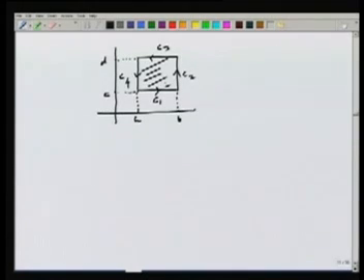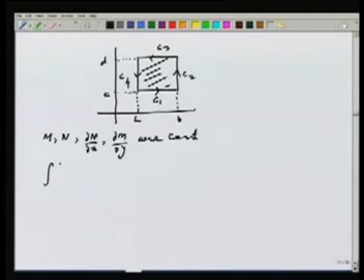Suppose M, N, ∂N/∂x, ∂M/∂y are continuous. So I try to calculate first the double integral over R. Let me see ∂M/∂y first.